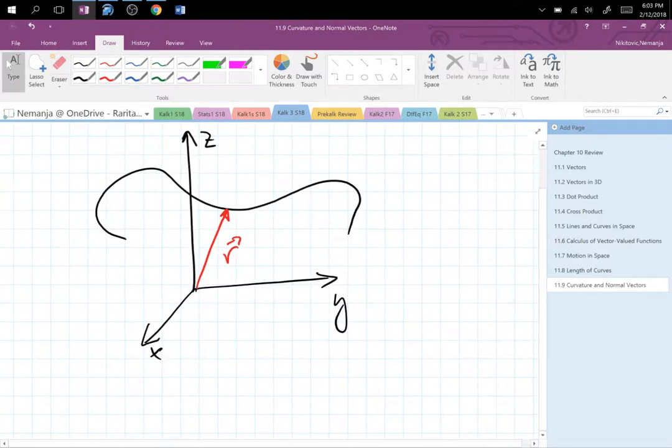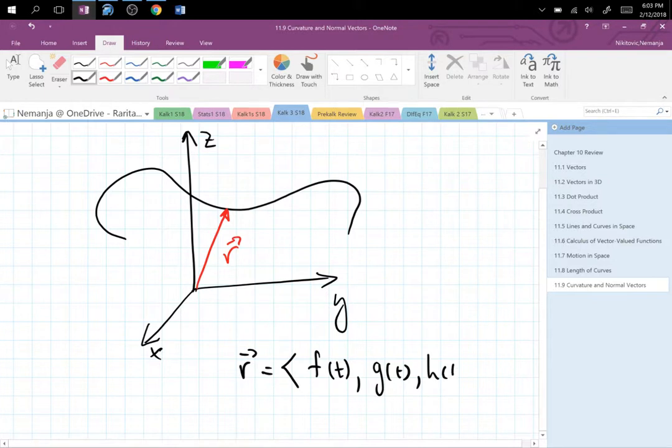So this vector r for space is the standard vector of all of those parametric functions as a collection, right? So far, nothing new.